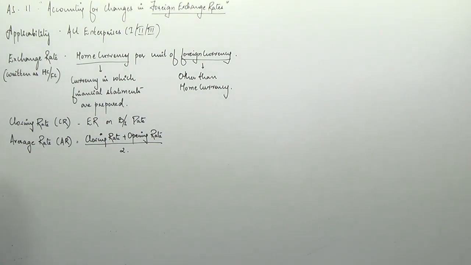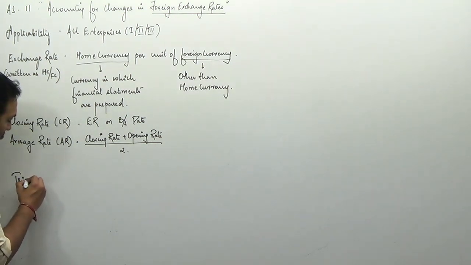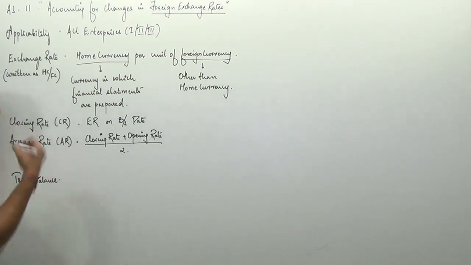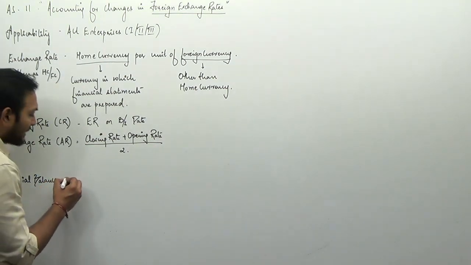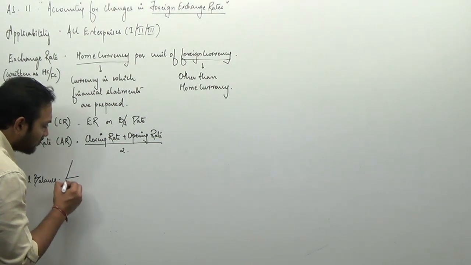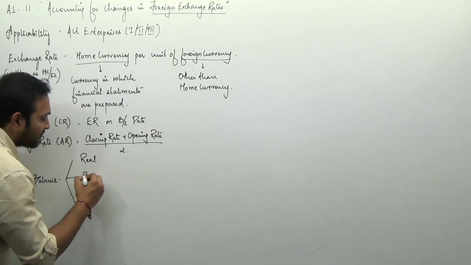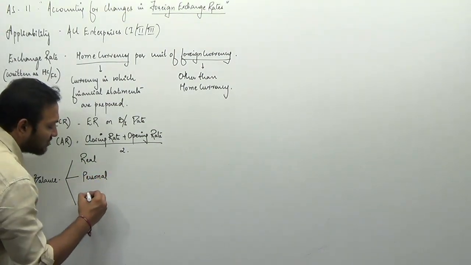Now, normally when I have a trial balance, what are the accounts that you see in a trial balance? All ledgers are summarized into a trial balance. That means a trial balance can have all real accounts, can have personal accounts, can also have nominal accounts.